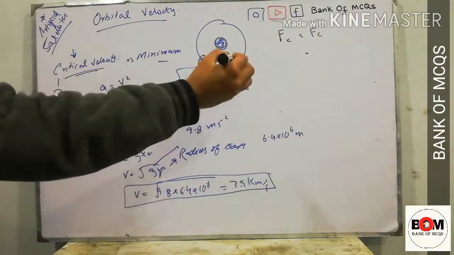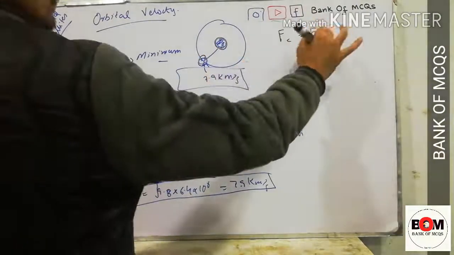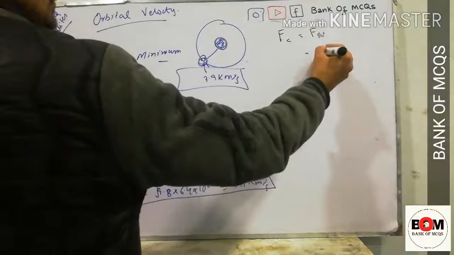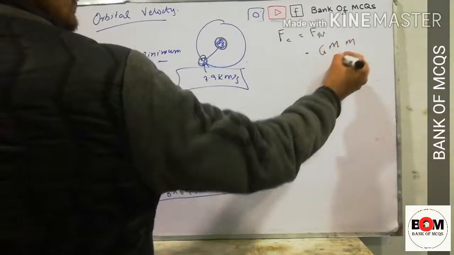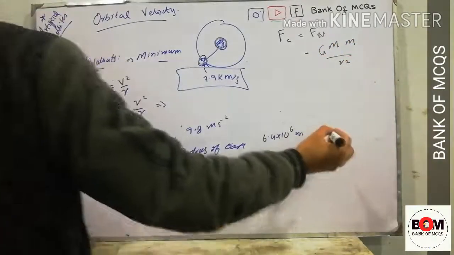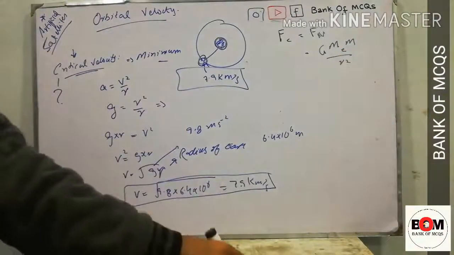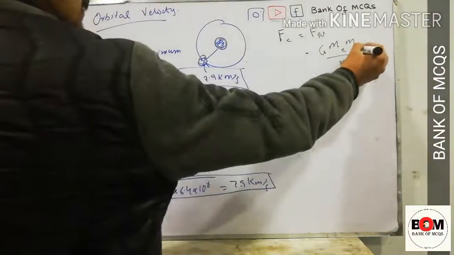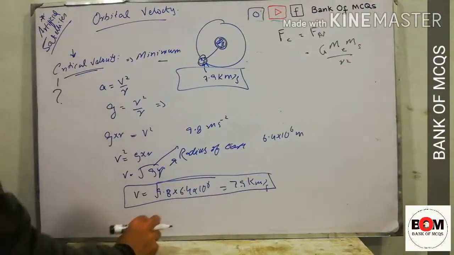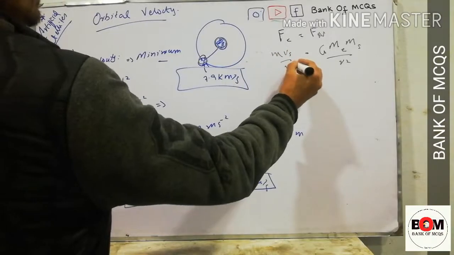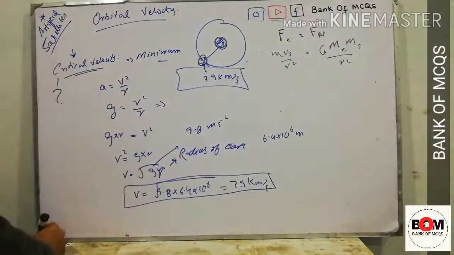By Newton's law of gravitation, we know that F is equal to G m1 m2 divided by r square. Here m1 and m2 are the mass of the earth, Me, and the mass of the satellite, Ms, and the centripetal force is m v square divided by r.